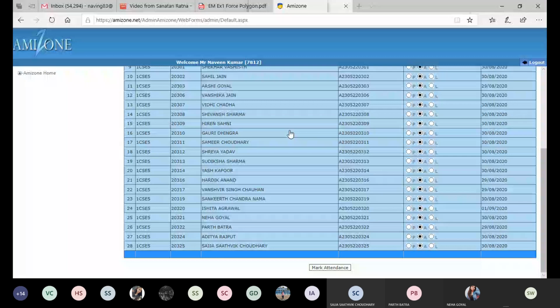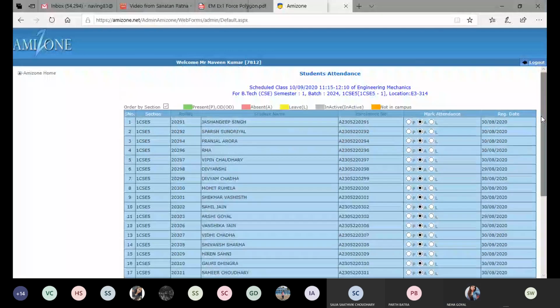One or two students have not given me the details. I am sharing their roll numbers again to see if that student is available or not. Roll number 294, Pranjal Arora. He has not shown me anything.